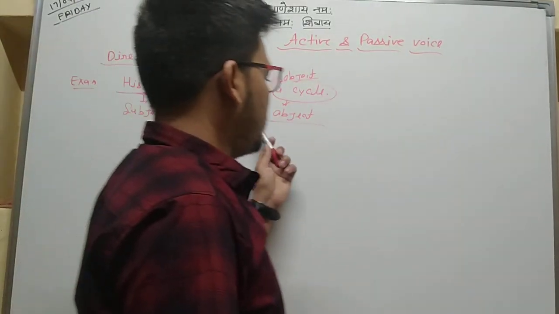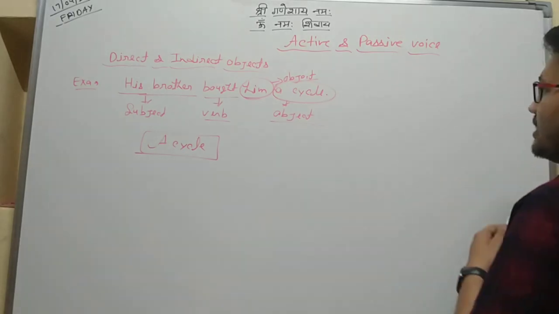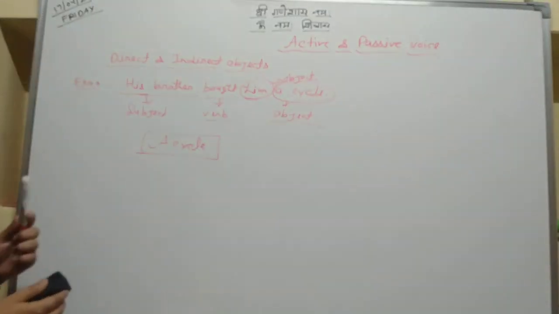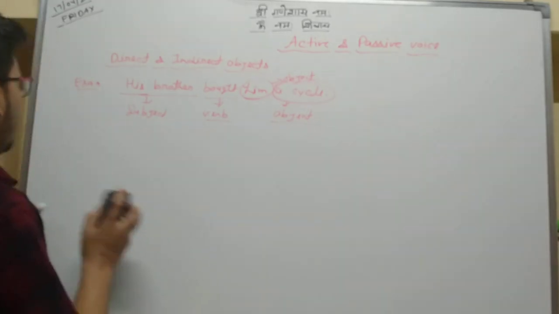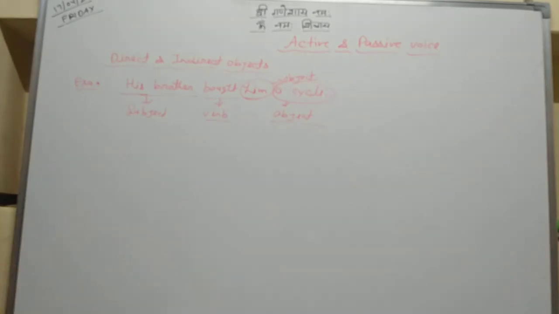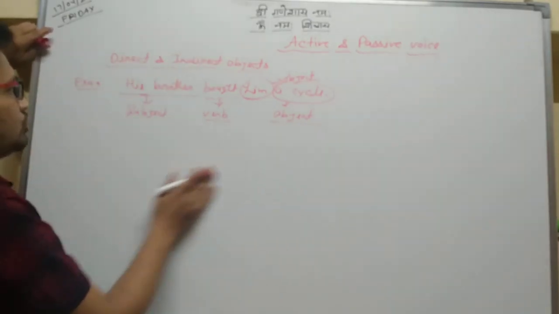There are two objects, him as first and a cycle as second, but the main object is a cycle. So this sentence can be written in two ways, in both active and passive voice.